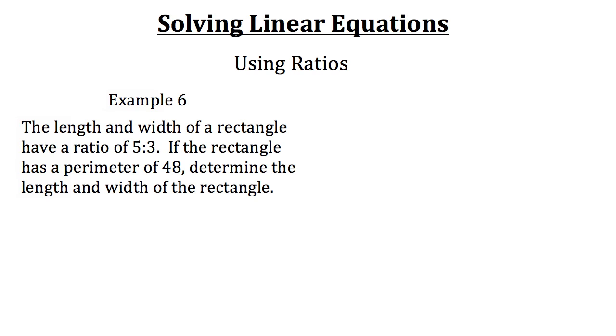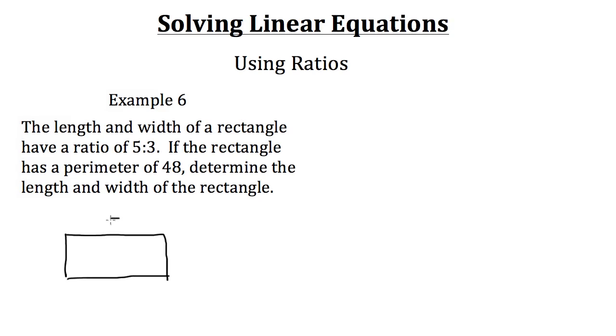So let's consider example 6. The length and width of a rectangle have a ratio of 5 to 3. So first of all, before we read the rest, let's draw that out. So we have a rectangle, and the ratio for the length to the width is 5 to 3.